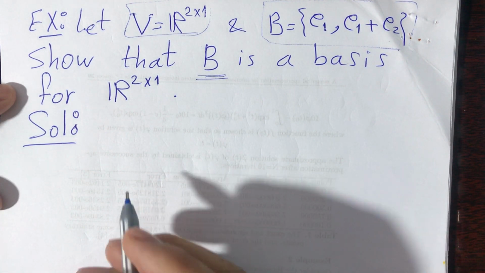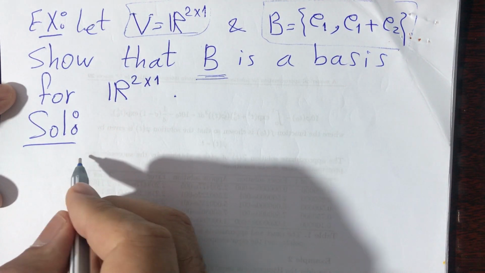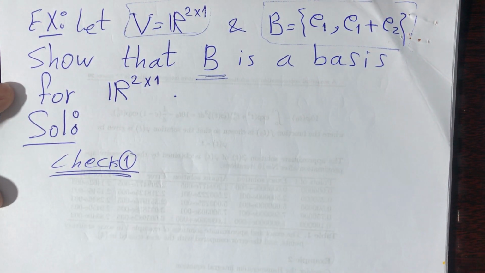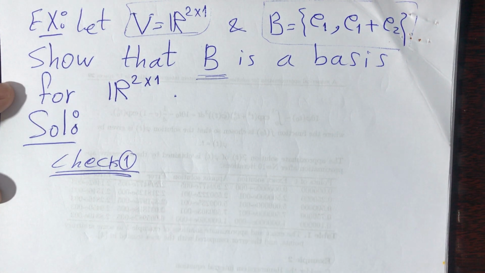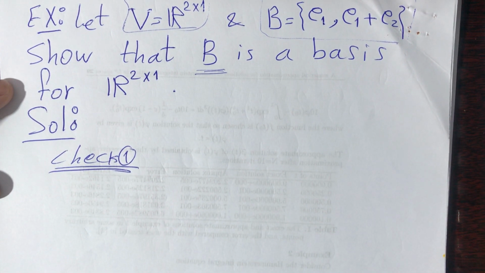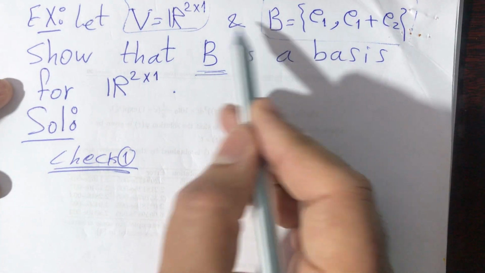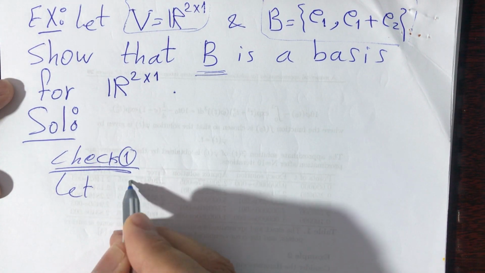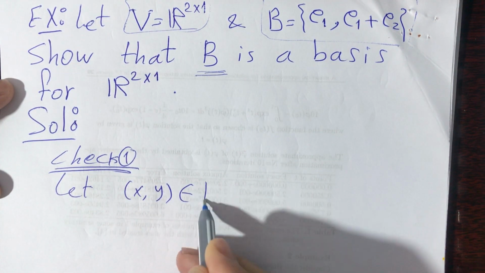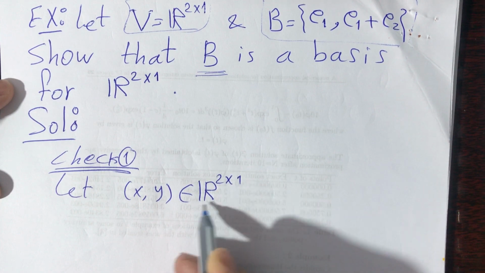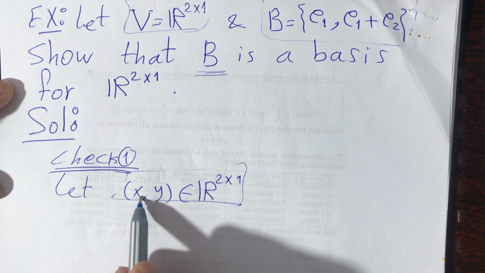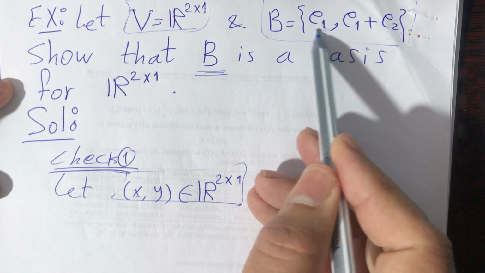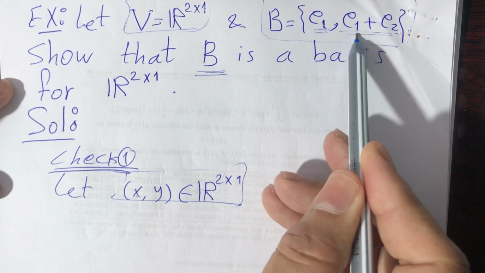So now we check condition 1, the first condition. That means the span of this set equals R2 times 1. Let (x, y) belong to R2 times 1, any point. How can I write this point as a linear combination of these two vectors, this first vector and this second vector?